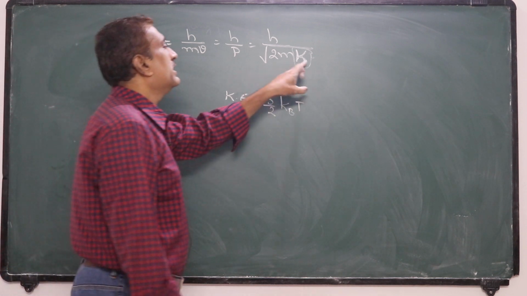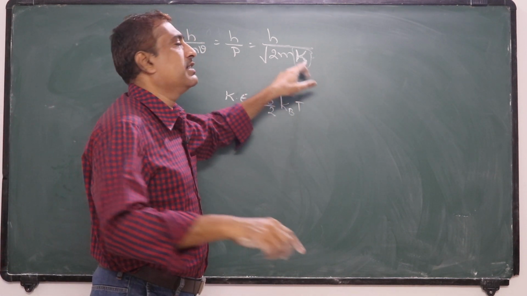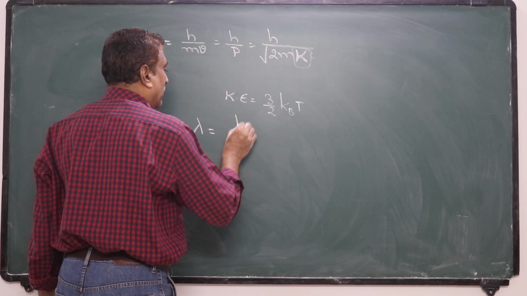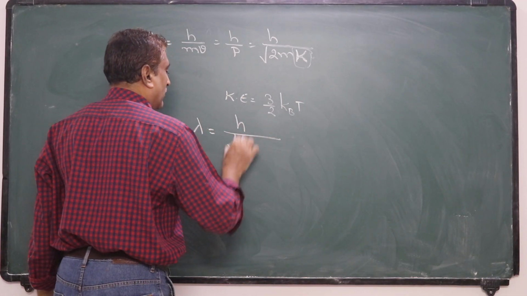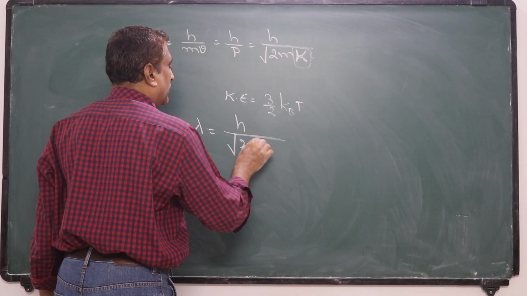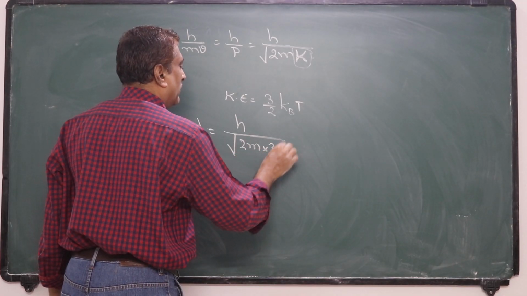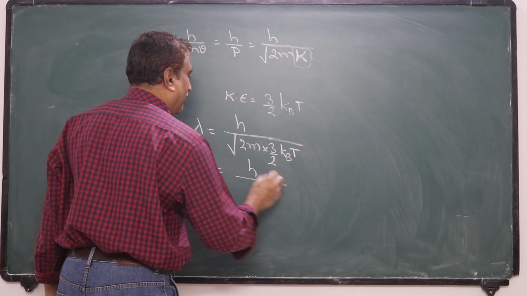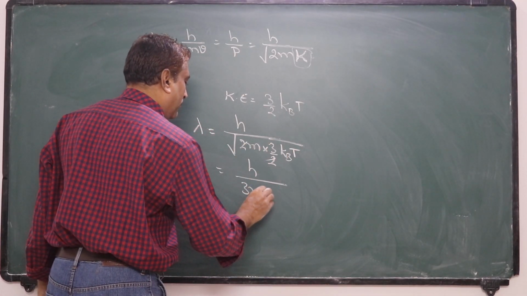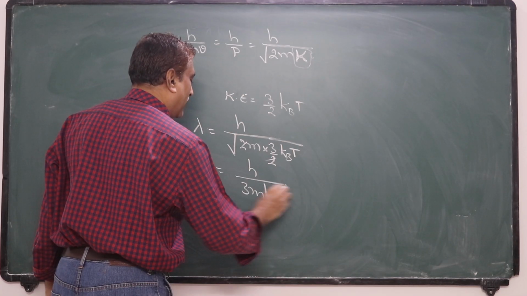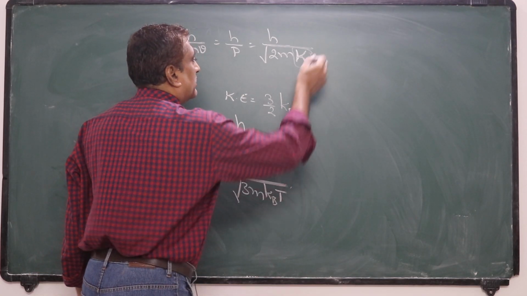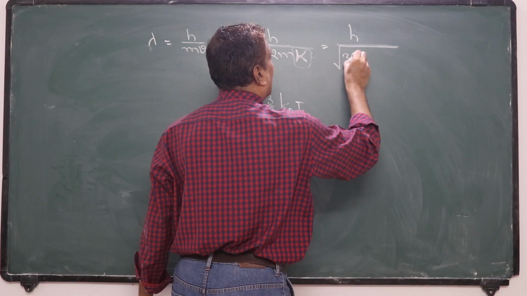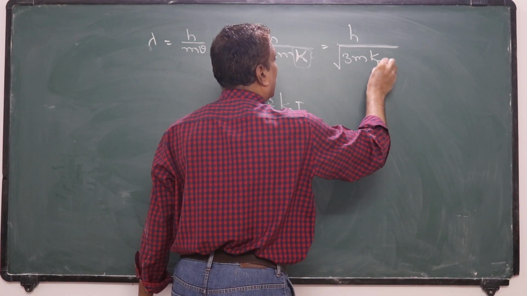So we can write the de Broglie wavelength as h by square root of 2m into 3 by 2 kB T. That is h by the square root of 3m kB T.